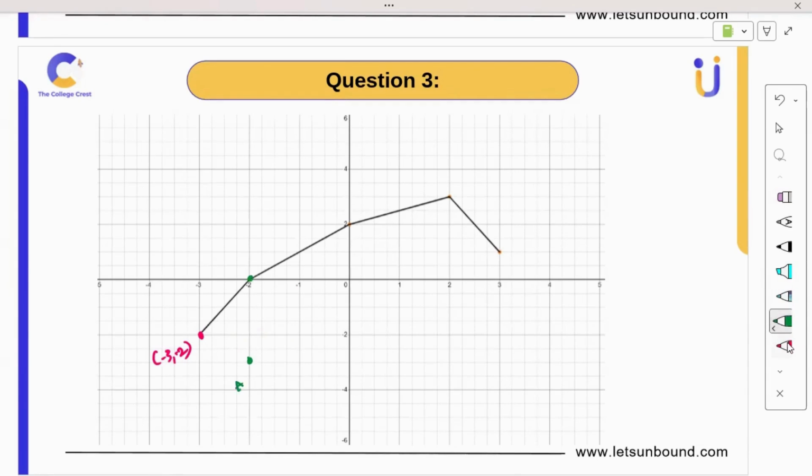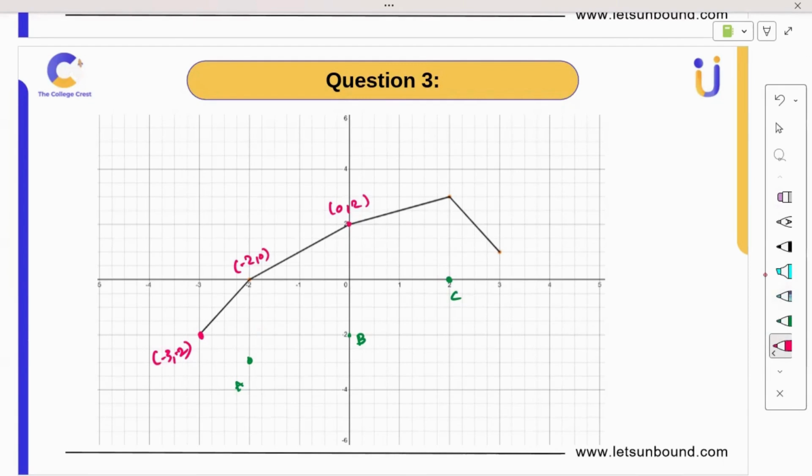Then I'm going to do this. Minus 2, 0, correct? So when you swap this, 0, minus 2, x is 0, y is minus 2. So here it is. Okay, let me maintain the same color, B. Then here, this is 0, 2, and it will flip into 2, 0. Then I should write A, B, C in order.